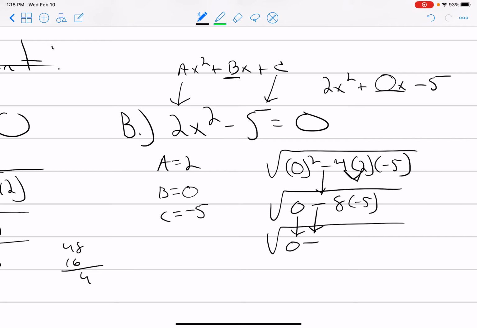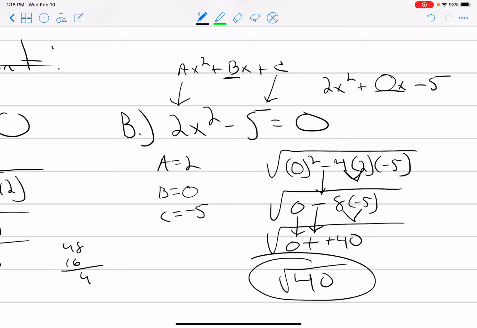Minus, I move down. 8 times -5 is -40. And again, 0 minus -40 is plus 40, which is 40. Square root of 40. Now, can I take a square root of 40? Nope. I cannot take a square root of 40 as we all know it right now. So that's my final answer right there.